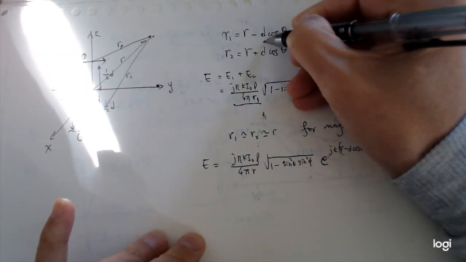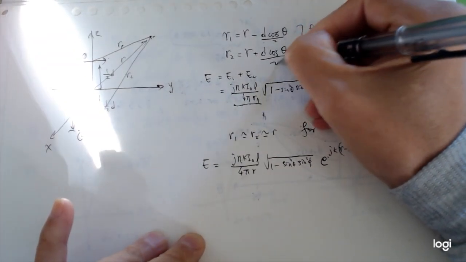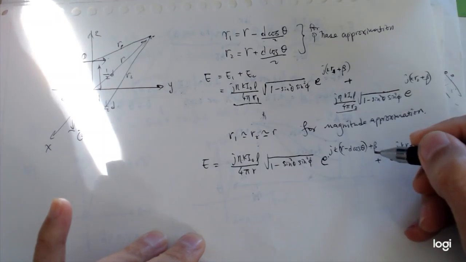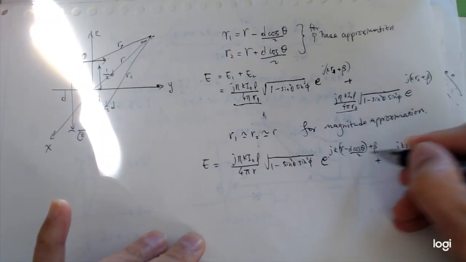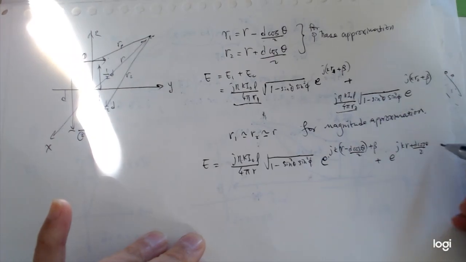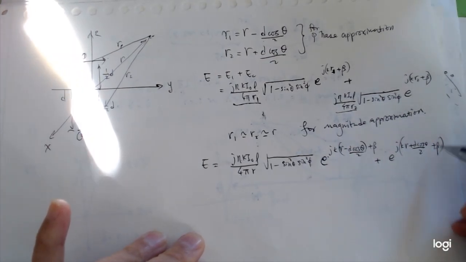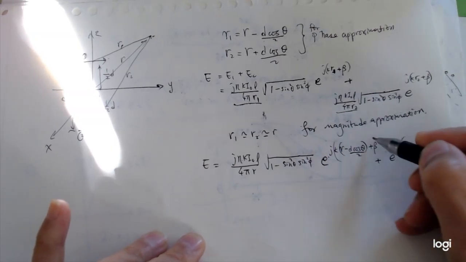By the way, it should be -2 because the length here is -2. So this is what I can get.